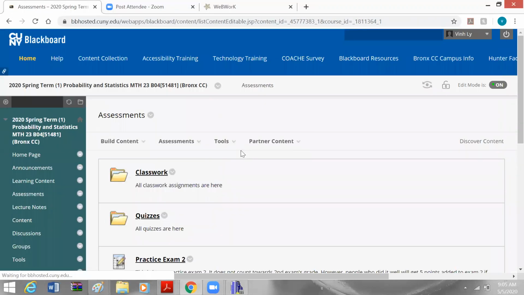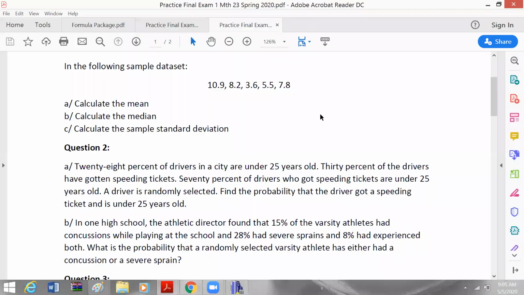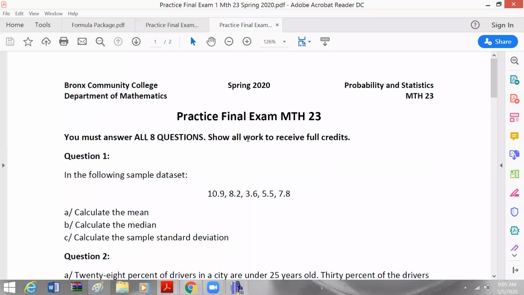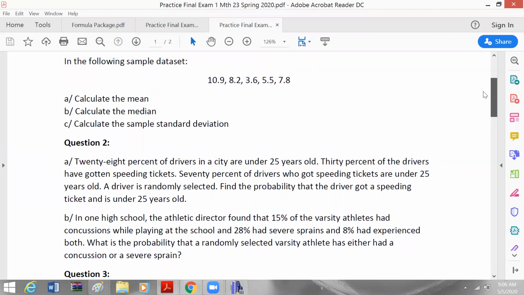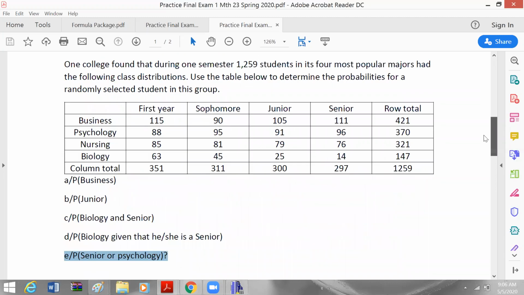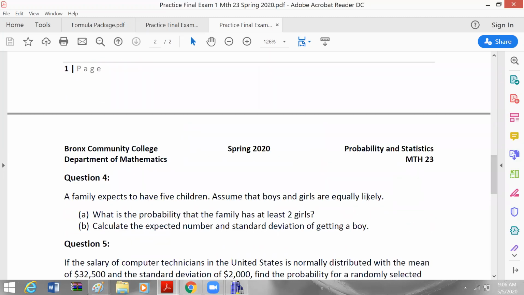So I'm going to get rid of this practice final exam, but I'm going to make a new column for those of you who can do the practice final exam, the first one. If you submit it, I'm going to count this as a quiz. So this is additional quizzes for us, and if you get the lowest grade, the lowest grade will be dropped if you can do that one.